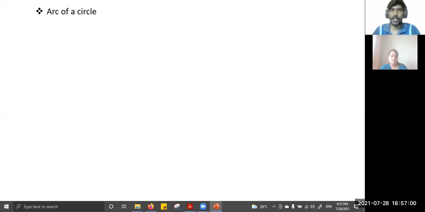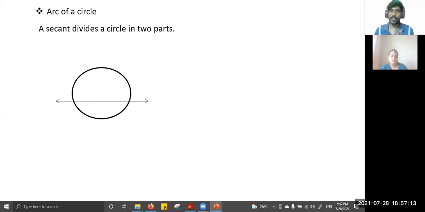Okay, so let's start with arc of a circle. What is arc? Firstly, a secant is a line that cuts the circle into two parts. So if this is the circle and you see the secant, it is dividing the circle into two parts, the upper part and the lower part.